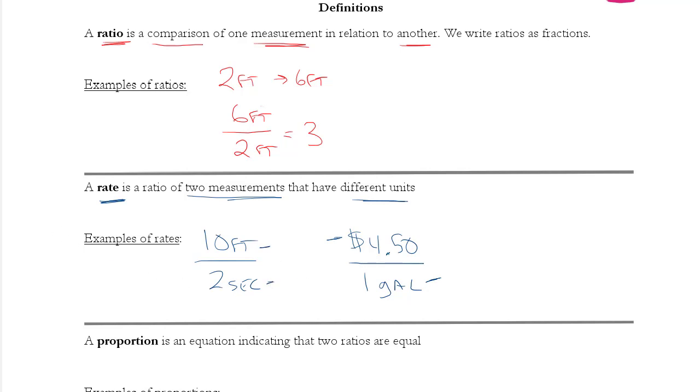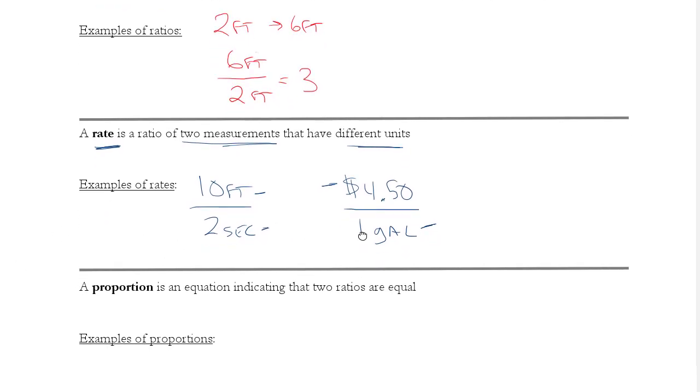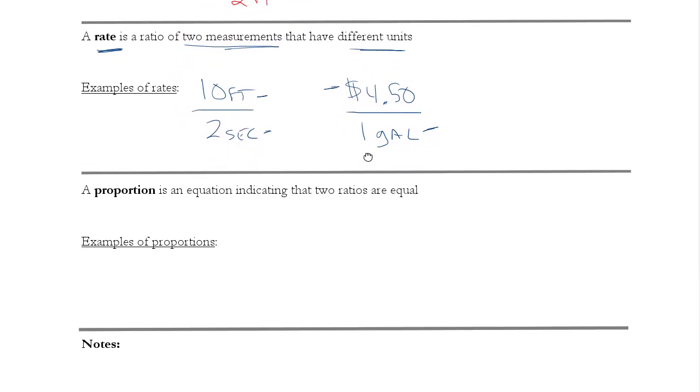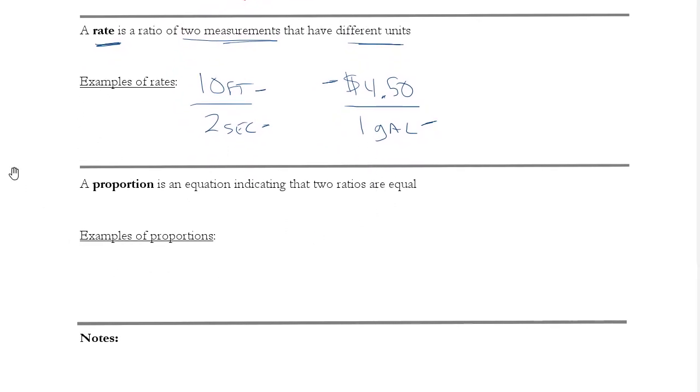And finally, this is the key to our lesson today, a proportion. A proportion is an equation that indicates that two ratios are equal. For example, I could write the proportion 3/5 equals 6/10. This is a true equation that says this ratio and this ratio are equal.